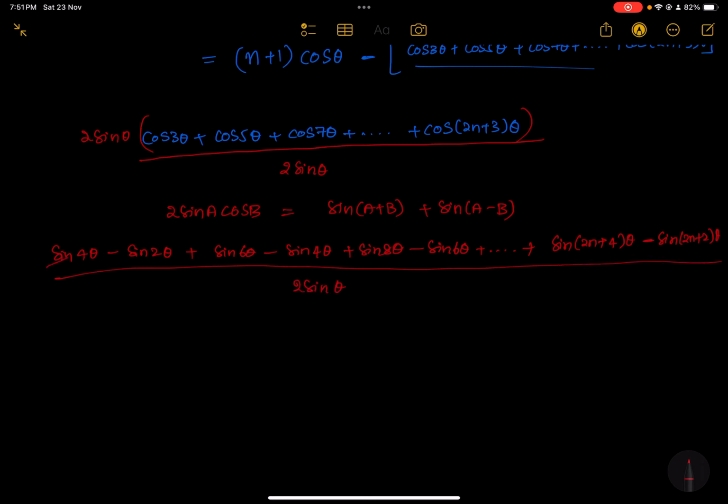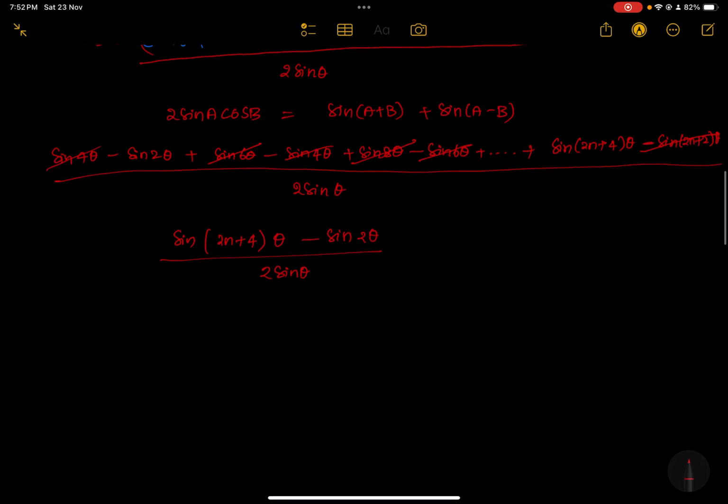So this gets cancelled, this gets cancelled, sine 6 theta, sine 6 theta. All of these things will get cancelled, and all that remains is sine (2n plus 4) theta minus sine 2 theta, by 2 sine theta.